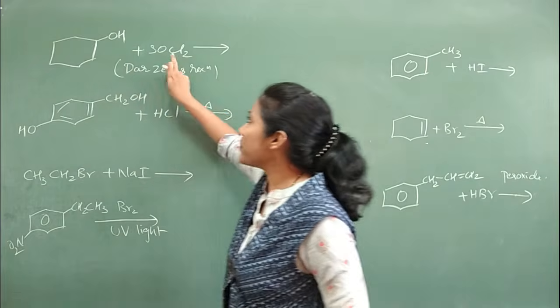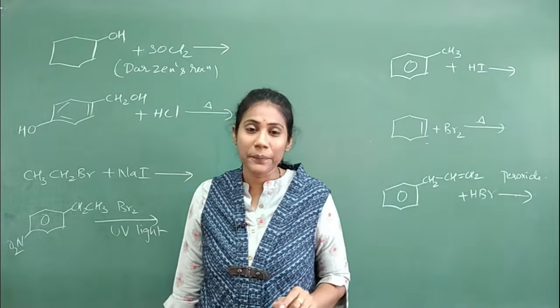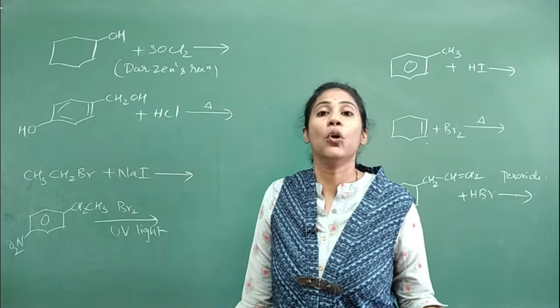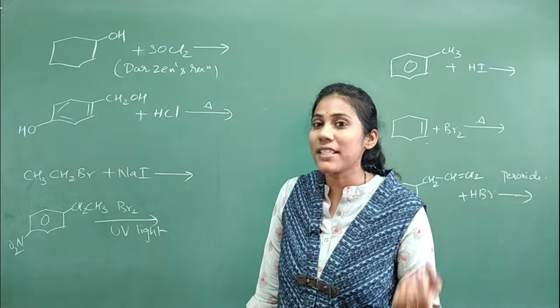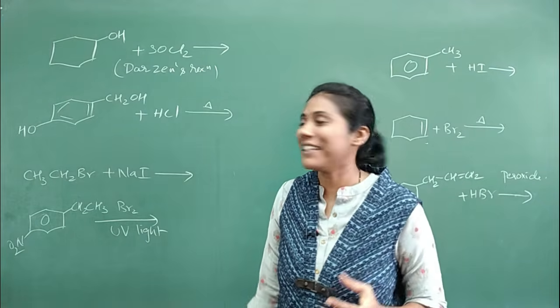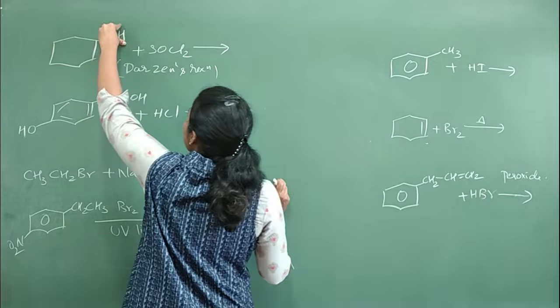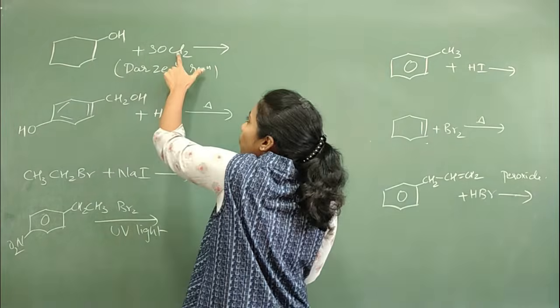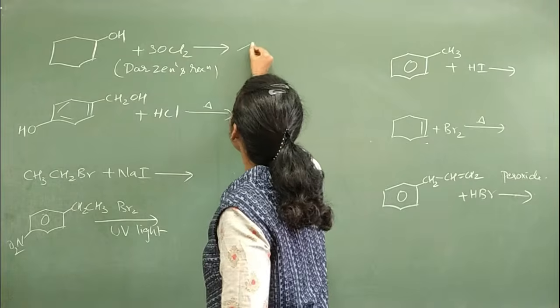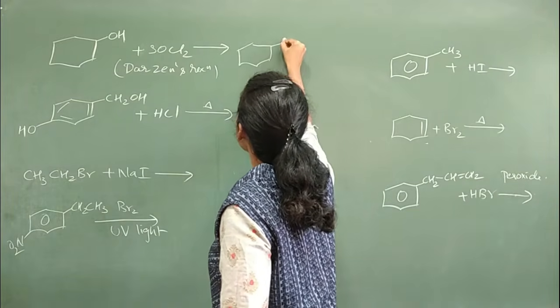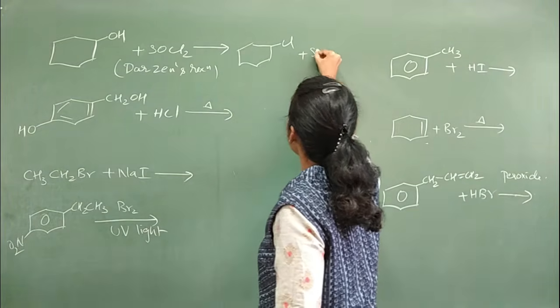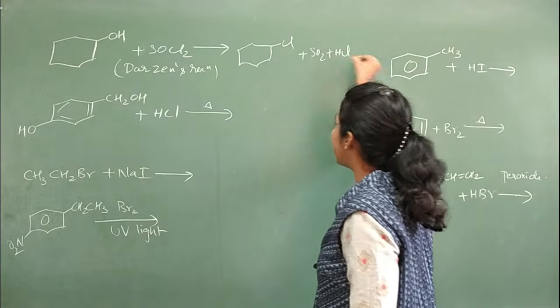Whenever alcohol is treated with thionyl chloride, you get alkyl chloride plus sulfur dioxide and HCl gas, isn't it? So what happens here is this OH is replaced by one of the Cl. So you would be getting the product Cl plus SO2 gas plus HCl gas, right?